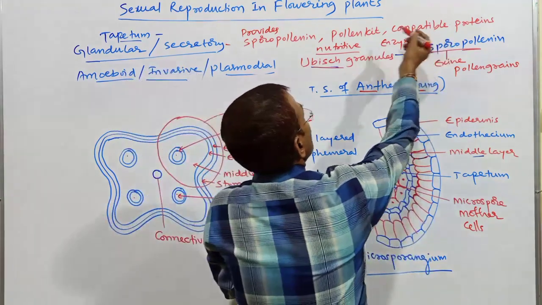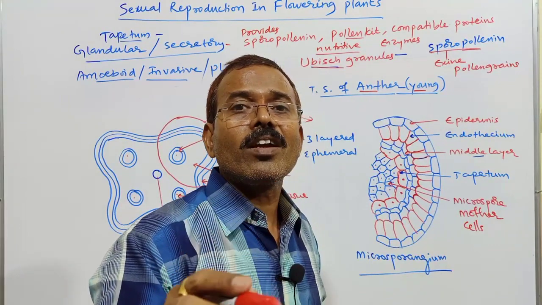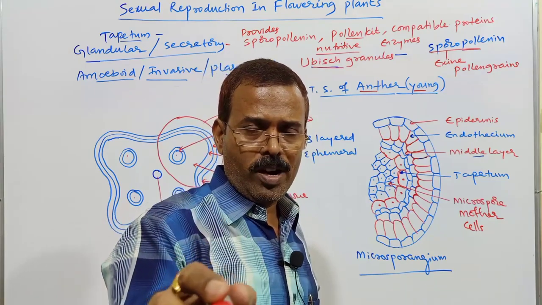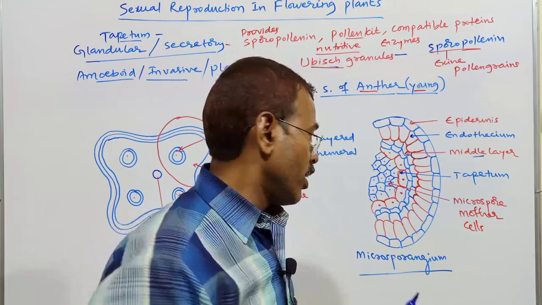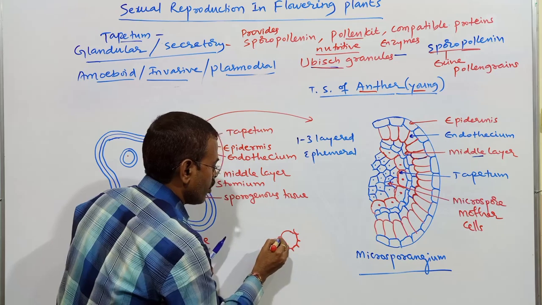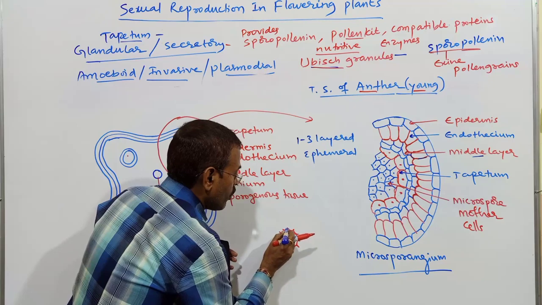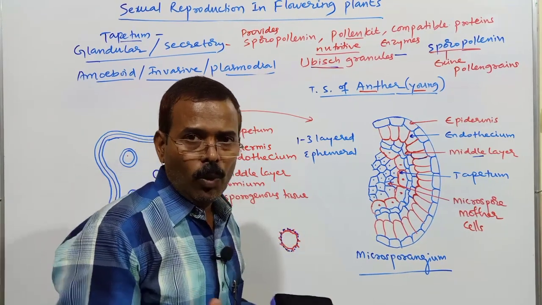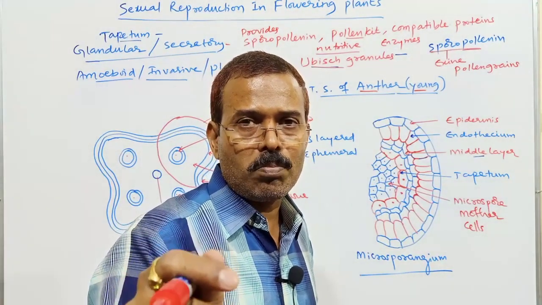And this is the pollen kit. Pollen kit is present in insect pollinated pollen grains. The flowers which are pollinated by insects, entomophilous flowers, have pollen grains with an exine layer having spines, and on the surface a yellowish sticky mass is there. That yellowish sticky mass present on the exine layer is called pollen kit.